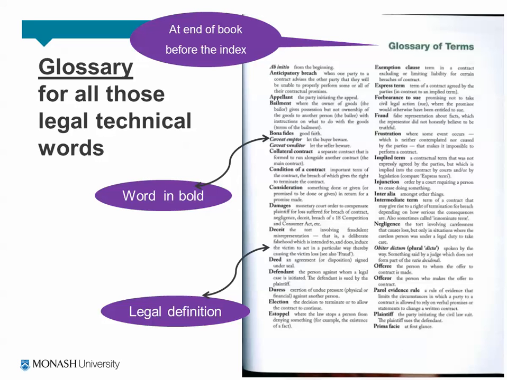You will find that the primary word that needs the definition, caveat emptor, is in bold, and the definition then follows, let the buyer beware, in the lower text. This is really handy, that if there is a word that you don't understand from a legal point of view, look it up here. All the words that have technical meanings are defined here.